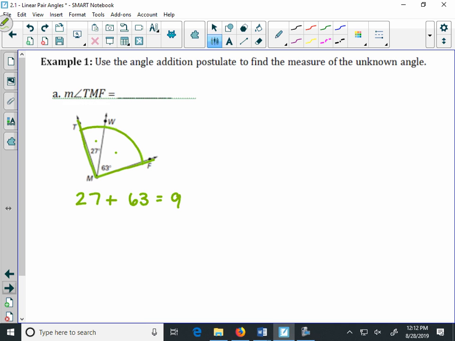So the measure of the big angle is 90 degrees. These are examples of complementary angles because they add to 90 degrees. Good.